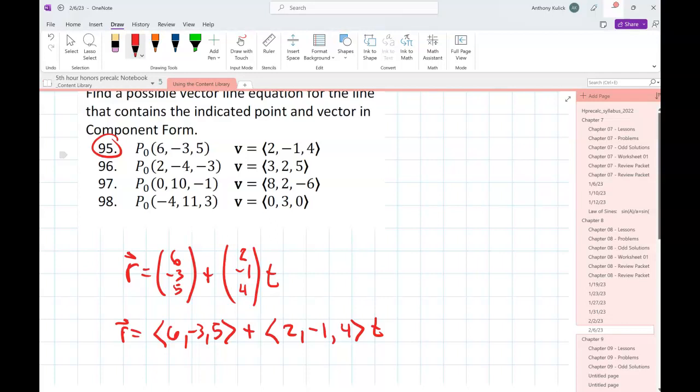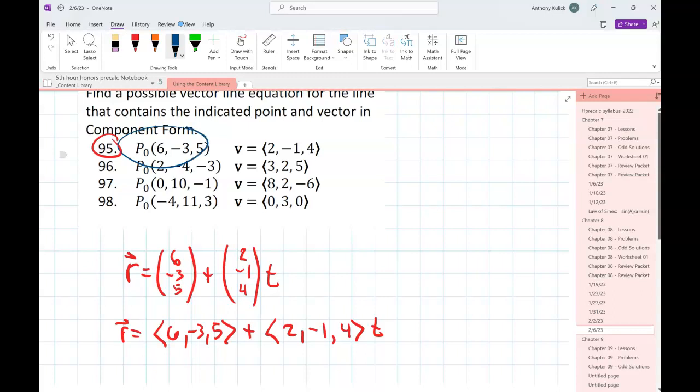Now, why does it say possible? No, you don't have to check anything. The possible is that any vector in the same direction as this one is suitable. So you could scale and multiply that by something, and it still would work. Now, why you would do that, I don't know, but you could, right? And the point vector could be any point on the line.